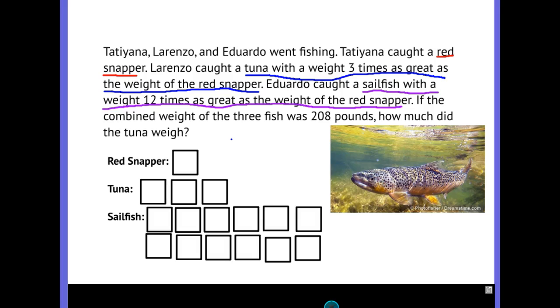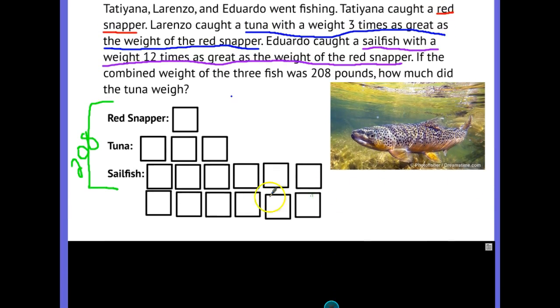Secondly, what we're going to do is look at what is the total weight of all the fish combined. If I look right here, it tells me that all the 3 fish altogether weigh 208 pounds. So my total here is 208. All right. So if we remember back to our original problem that we just did, the way we solved this is we divided our total by how many boxes there were, because we want to figure out what the number in each of these boxes is.